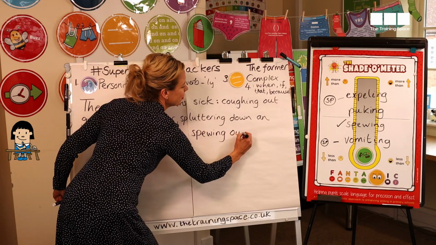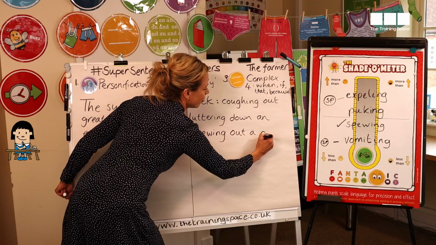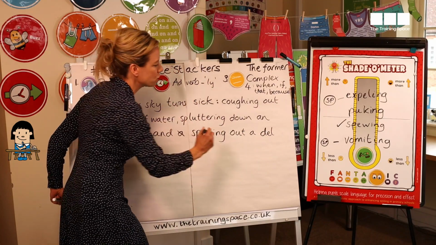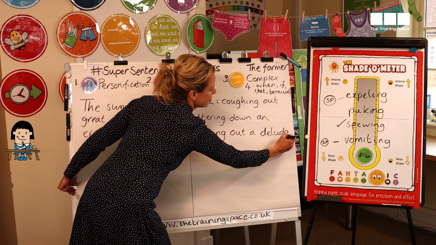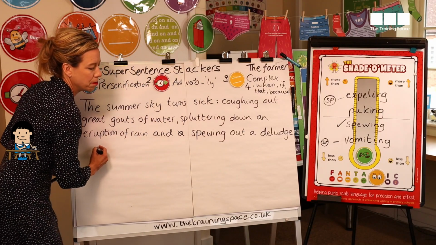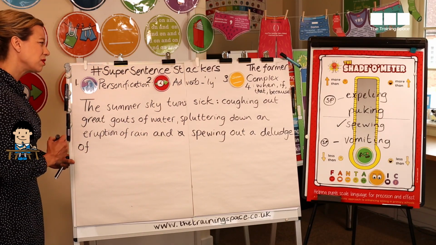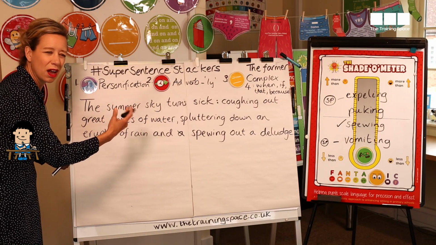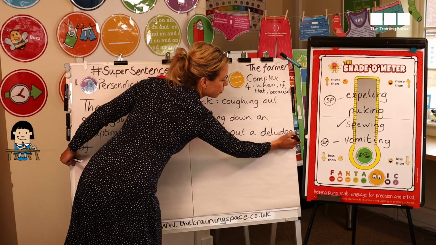Spewing out a deluge of water. I was going to put rain, but then I did almost think I've said rain already. Deluge, oh, this is tricky. Is that right? I'll go and have a look in a minute. Deluge of water. Maybe I don't need of water. A deluge means a large amount of water. Another live edit. Let's put a full stop there.